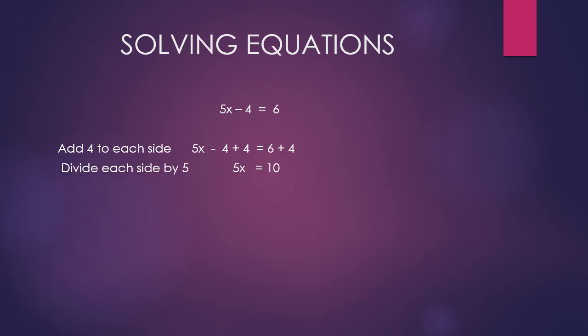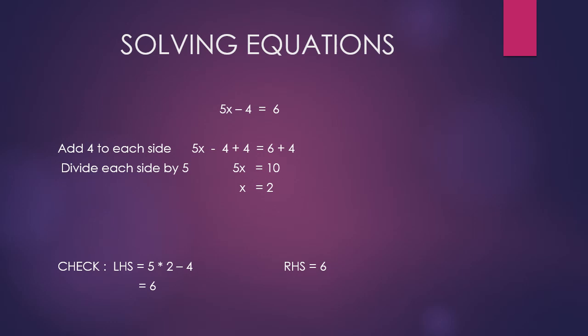Add 4 to the left hand side, and you have to do the same thing to the right hand side. Then it becomes 5x minus 4 plus 4, and on the right hand side 6 plus 4. Then it becomes 5x equals 10. Then you should divide each side by 5 to get the answer for x. Then x equals 2 is the answer.